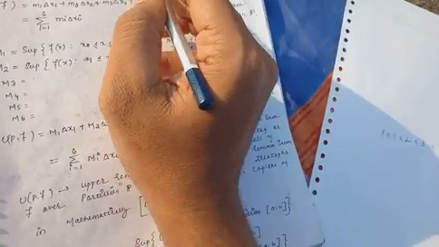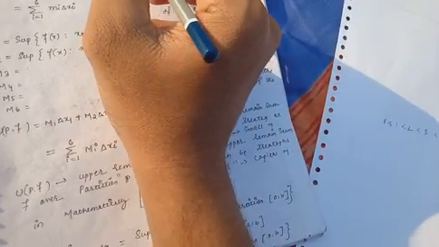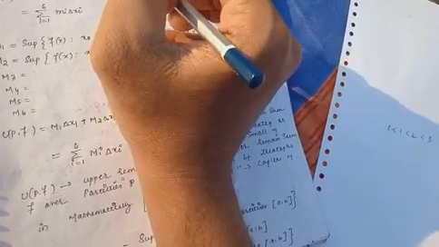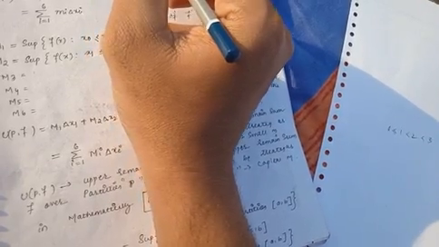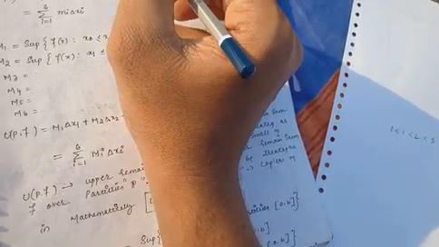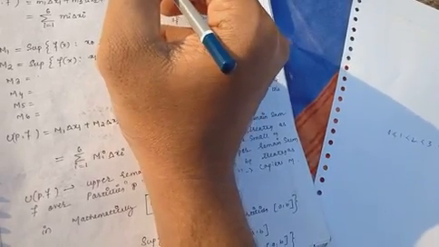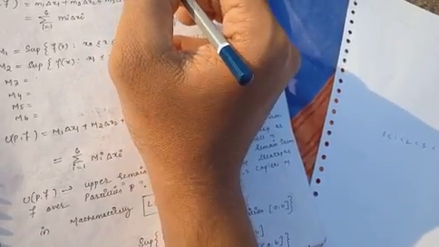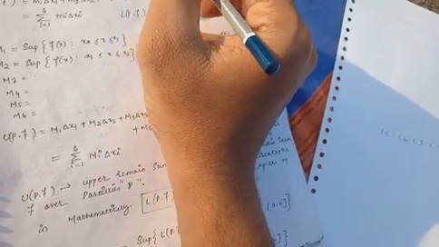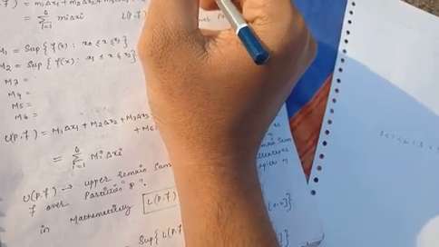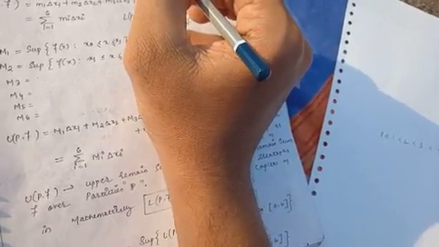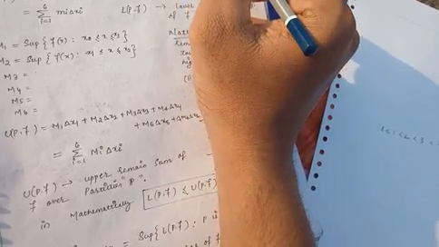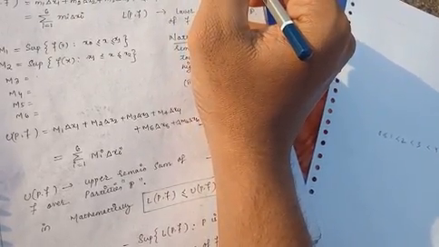If I do the upper partition, this is the highest point from x0, and if I draw this as a rectangle, this partition is the upper partition, and this is the lower partition.